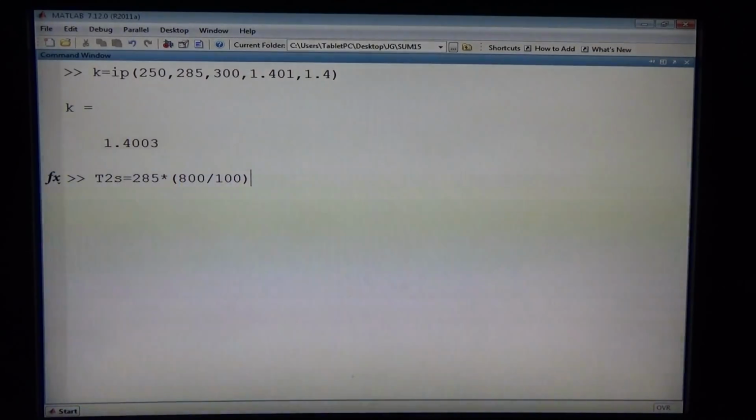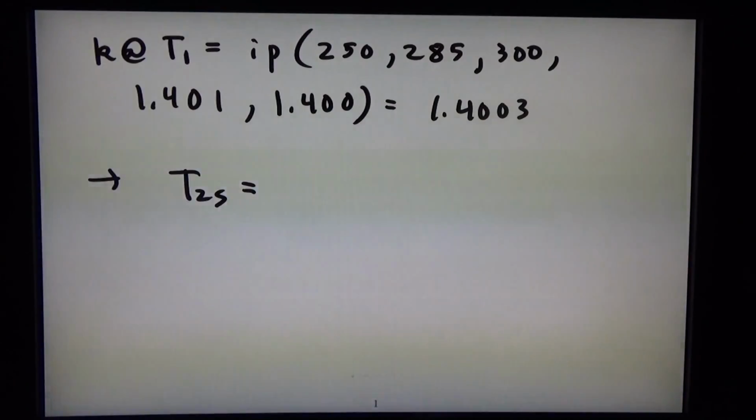All that is raised to the power of K minus 1 over K. So T2S ends up being 516.4.